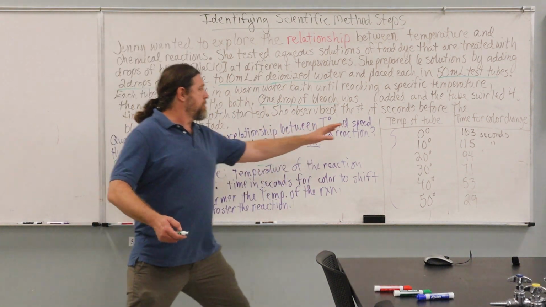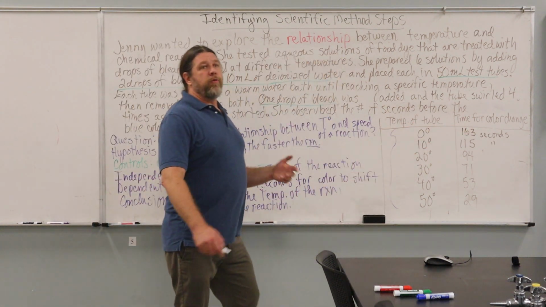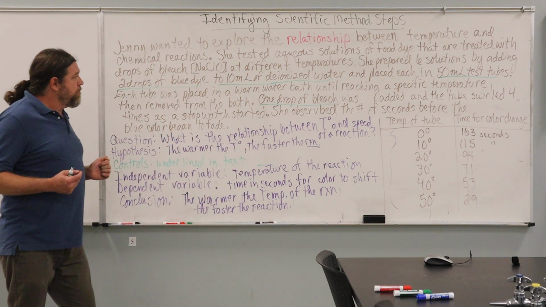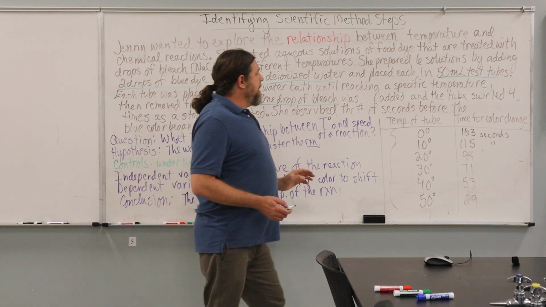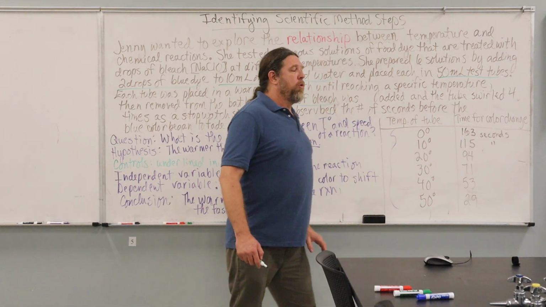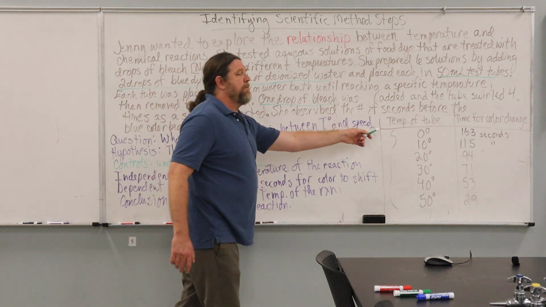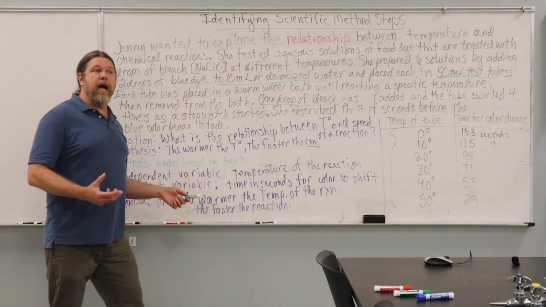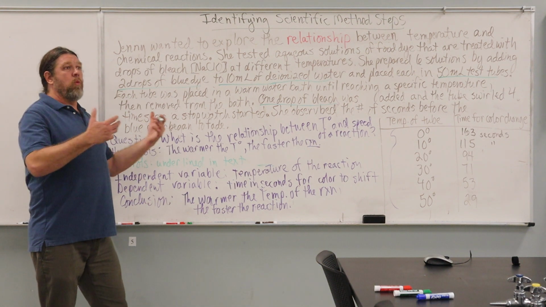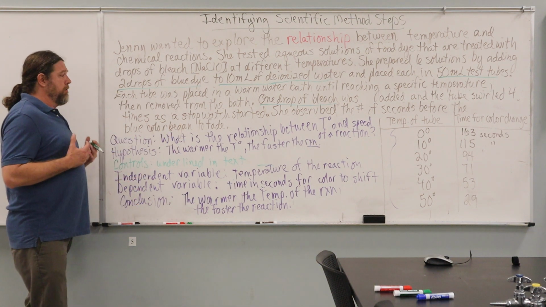It depends on this. So when you're trying to remember independent versus dependent variable, bear in mind that this depends on this. This comes first. We basically make the independent variable part of the design itself. Then the dependent variable is what we're watching to see happen.